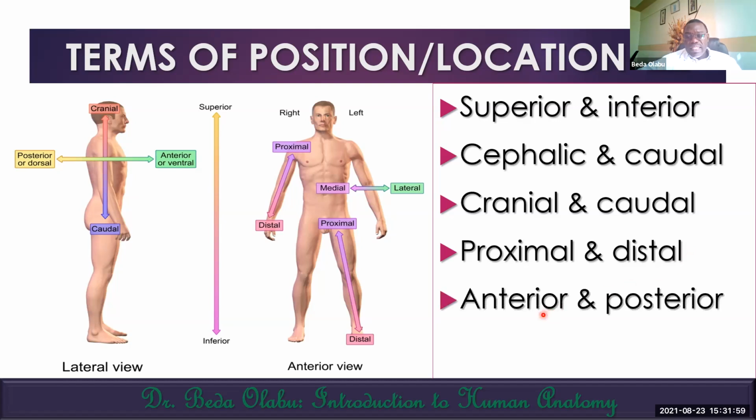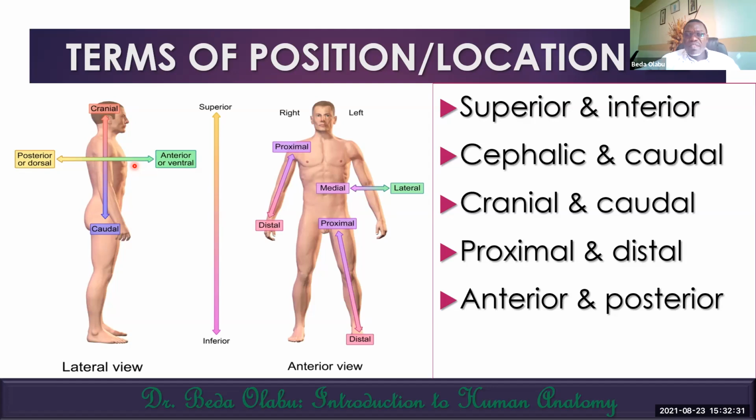The next set of terminologies I want us to describe is anterior, and the opposite is posterior. The term anterior means towards the front, and the term posterior means towards the back. That sounds more straightforward, but let me give you examples. I can say that the breasts are anterior to the chest wall.